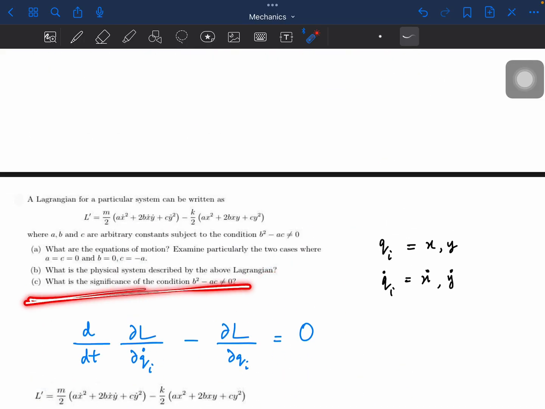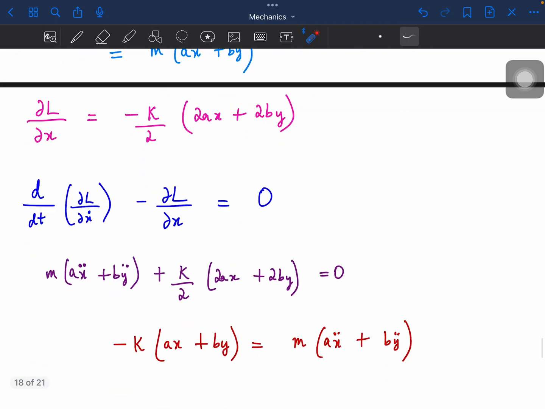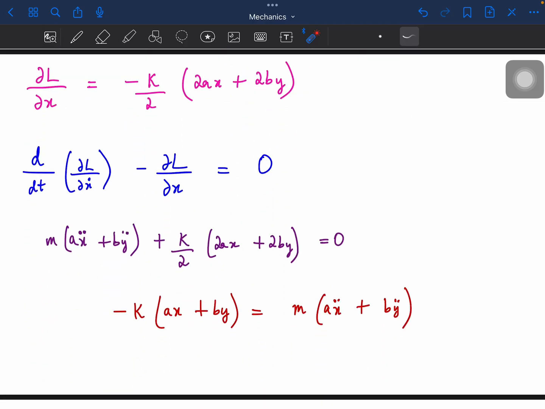What is the significance of the condition B square minus AC is not equal to 0?